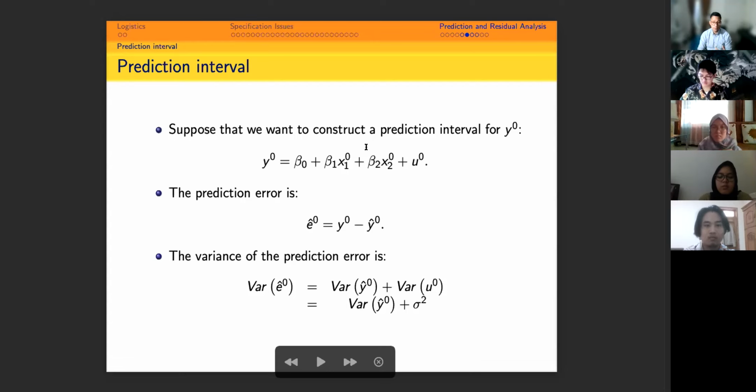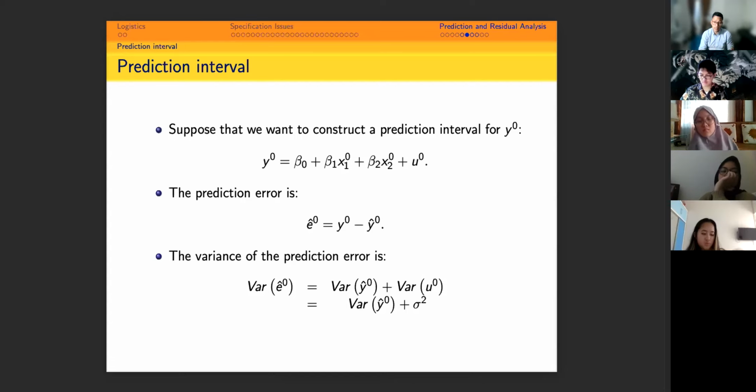Now we do a regression, we obtain the estimated coefficients, and based on those, we estimate the value of y. From our estimate, we get what's called a prediction error. This is what is estimated by the model, and this is the actual value that we see. So e hat provides the difference between the actual value and the estimated value of the model.